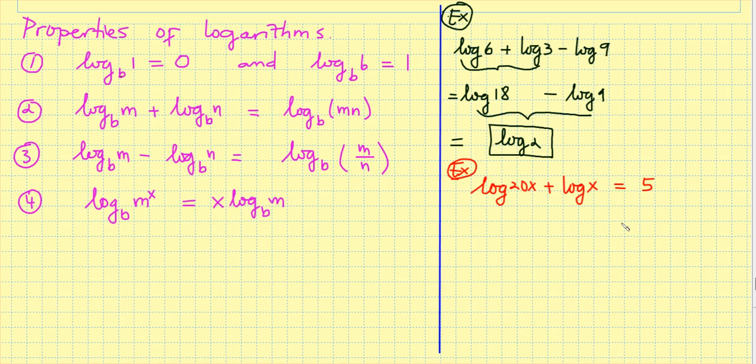So the first thing we are going to do is use the sum property. So that will give us log of 20 x squared equal 5.